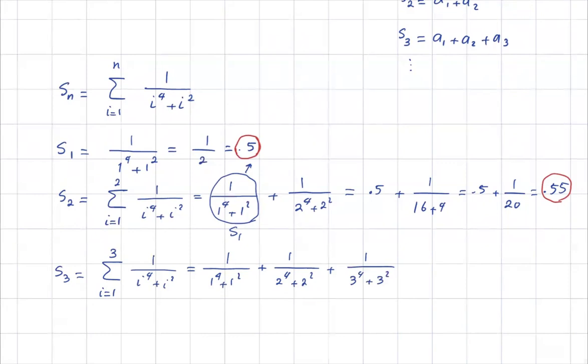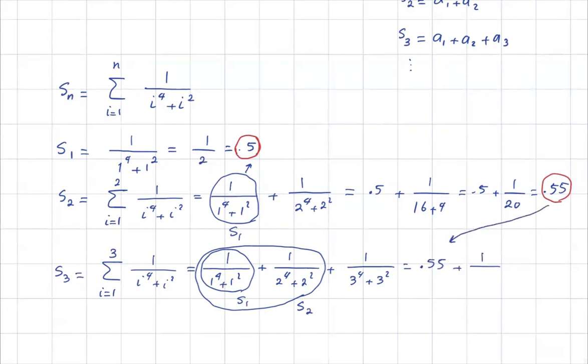But please pay attention here. The first quantity is S1, and adding these two together, you had S2. So you already have S2. Just copy S2, which is 0.55, plus 1 divided by 3 to the 4th plus 3 squared. Let us use a calculator to calculate this S sub 3.